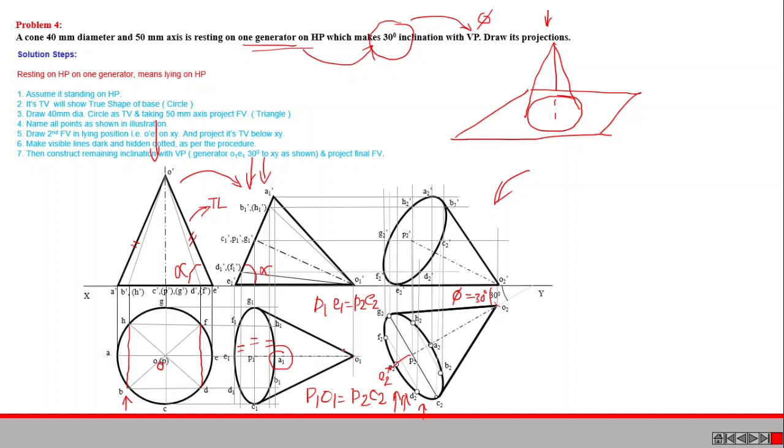That is the most important point. So that we can represent this phi in between this true length and XY line. That is the procedure used here.